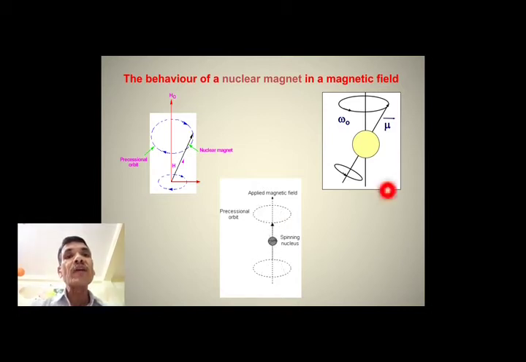Here in this figure, it is shown that this type of motion of a charged particle under the influence of an externally applied magnetic field is known as precessional motion, and the orbit in which it is rotating or spinning is called the precessional orbit, and it generates magnetic moment due to its spin along this spinning axis as mu.